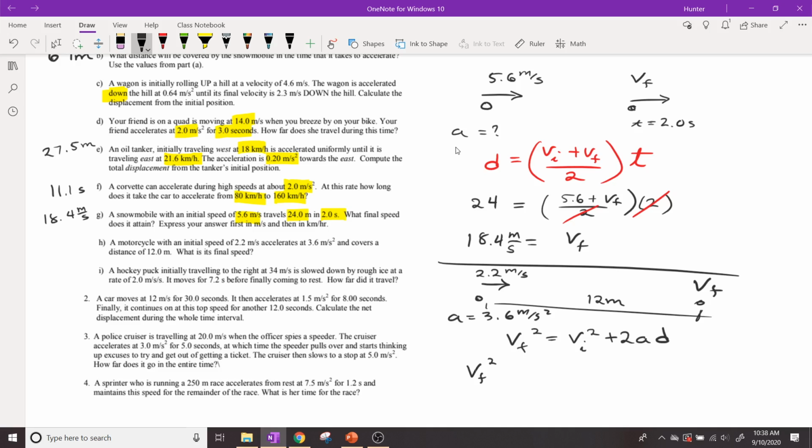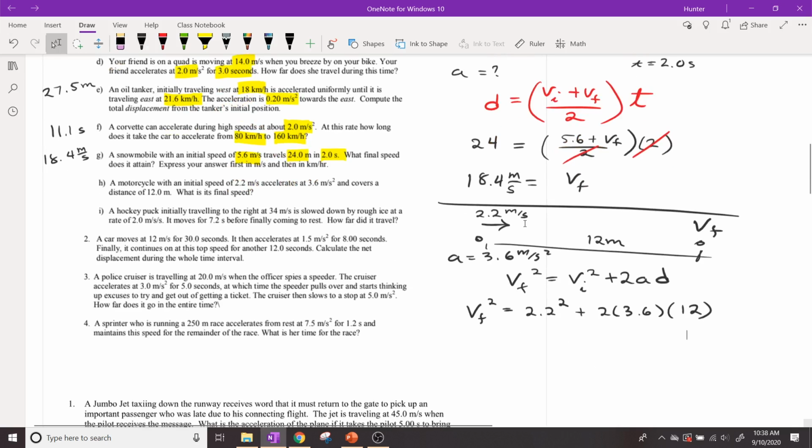Vf squared equals, the Vi is 2.2 squared plus 2 times 3.6 times the displacement of 12. That one is not so nice to us. Looks like we're going to have to do some calculator crunching here. So 2.2 squared is something.